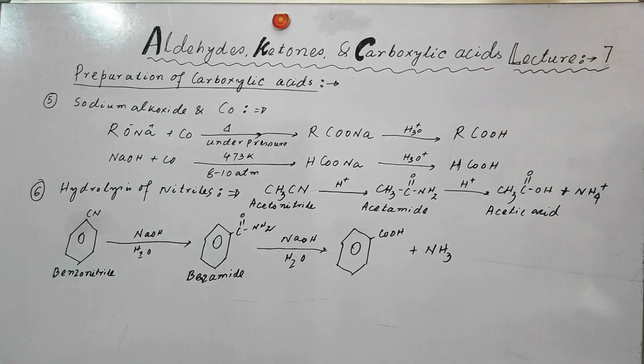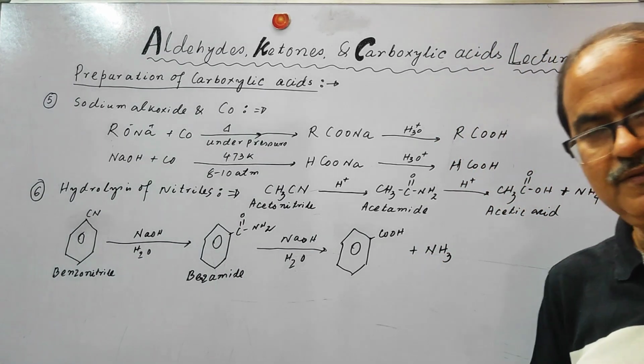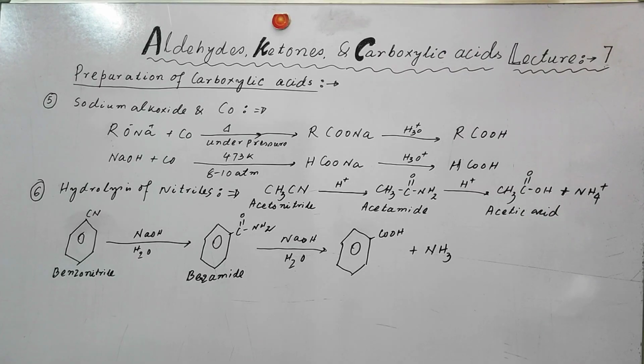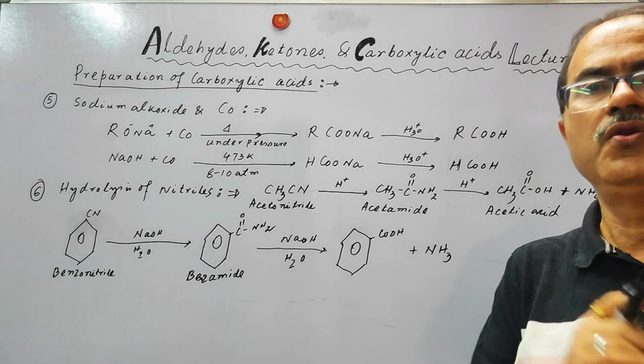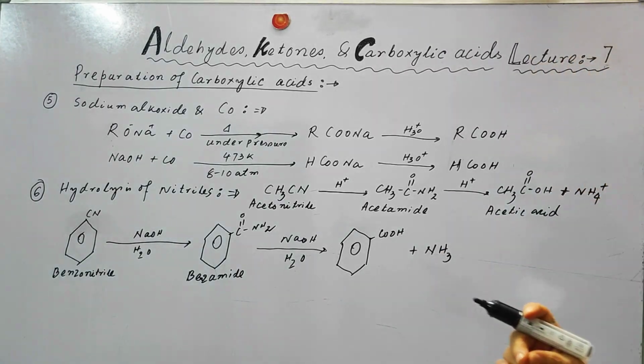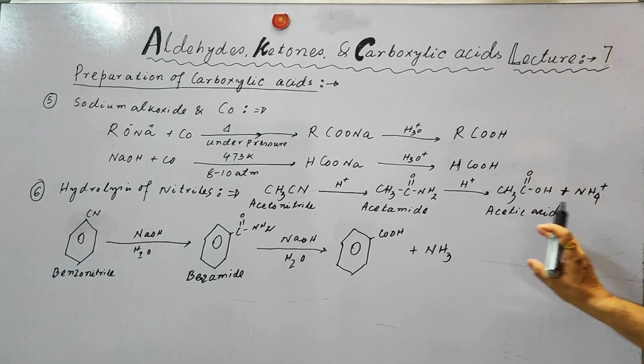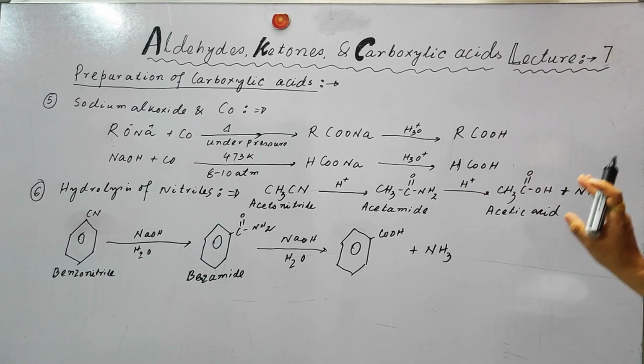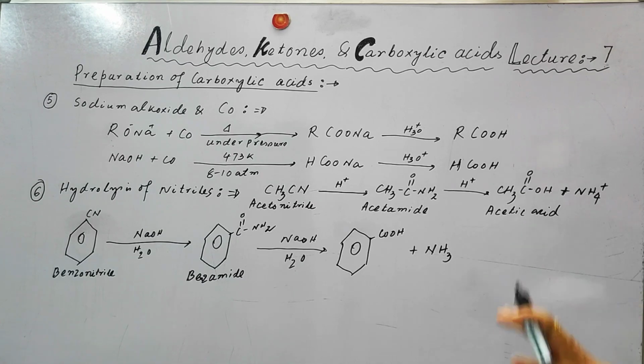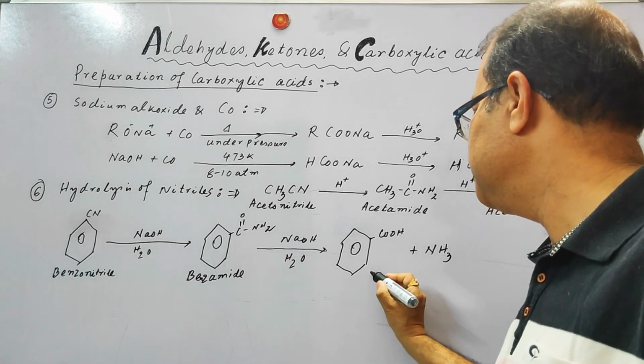Okay. So by hydrolysis of nitriles we can also produce carboxylic acid. First the amide product, acetamide, will be produced. After that, further hydrolysis is going to give the carboxylic acid. Here it is acetic acid, here it is benzoic acid.